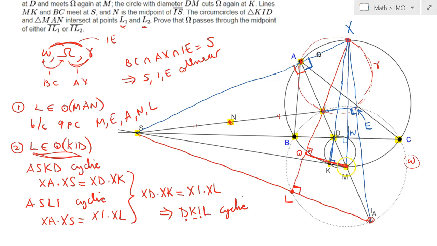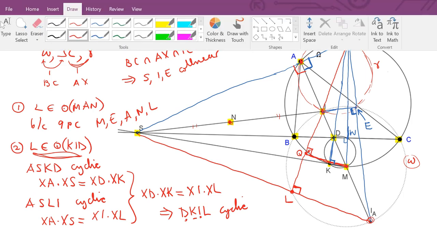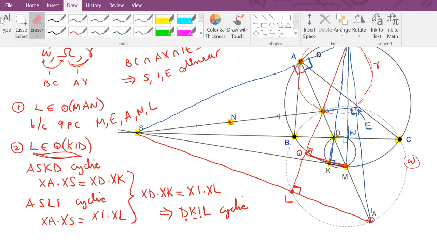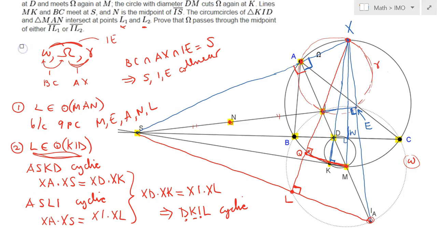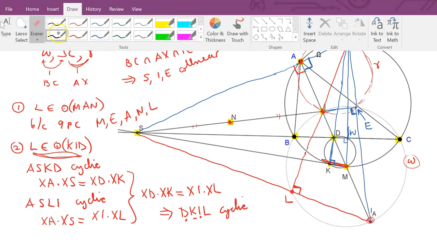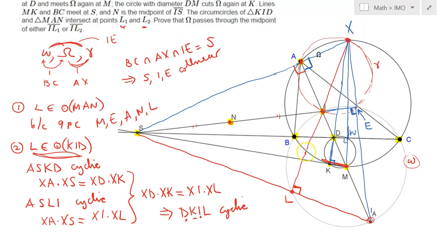MQI, which is 90 degrees, is also equal to MQX, because XIQ are collinear. So MQX subtends the diameter XM again. So actually Q has to be on the circumcircle. Let me revise my drawing. So in fact, the midpoint of LI has to be on the circumcircle.